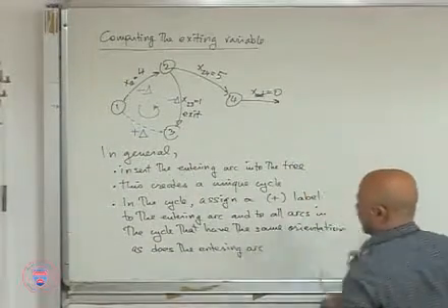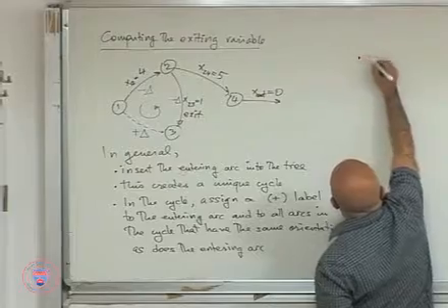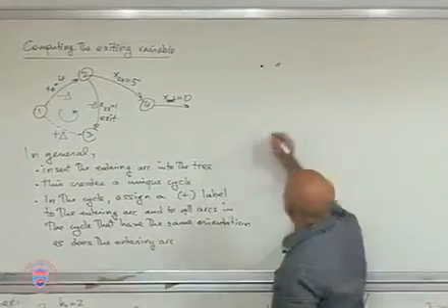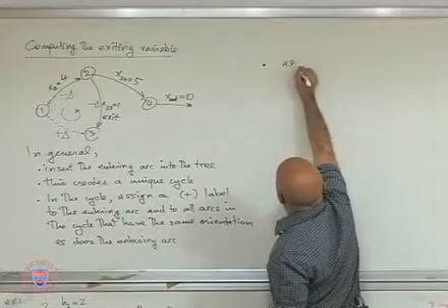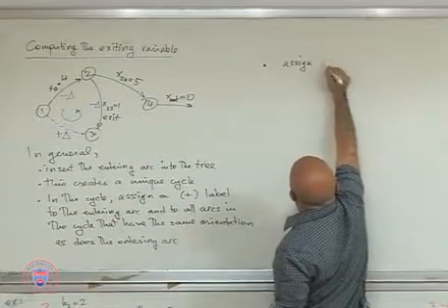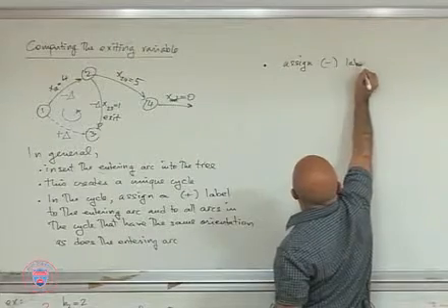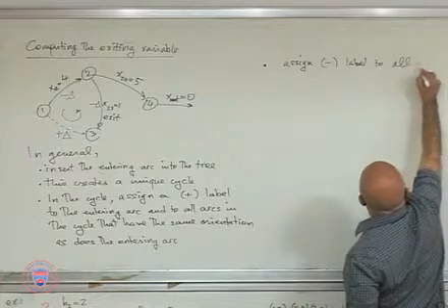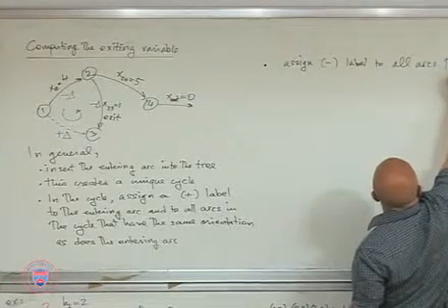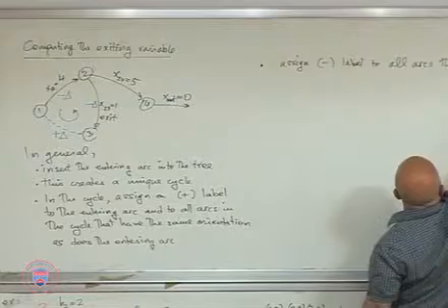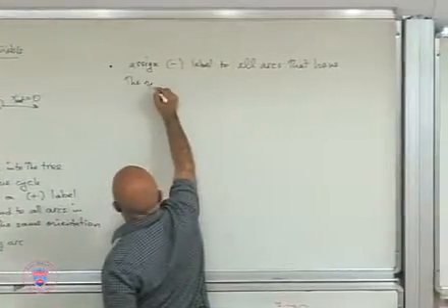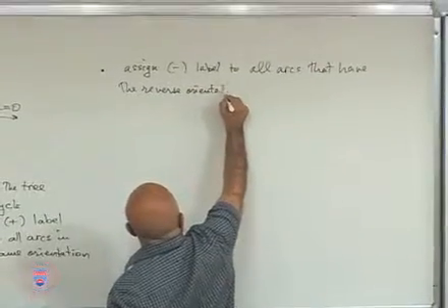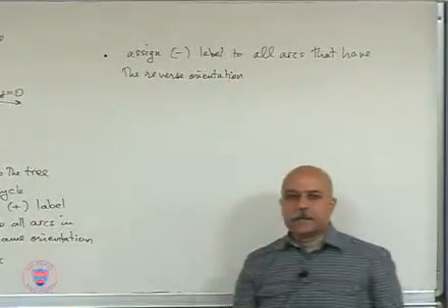And the next bullet is essentially the same, except that in the cycle, assign a minus label to all arcs that have the reverse orientation as does the entering one.